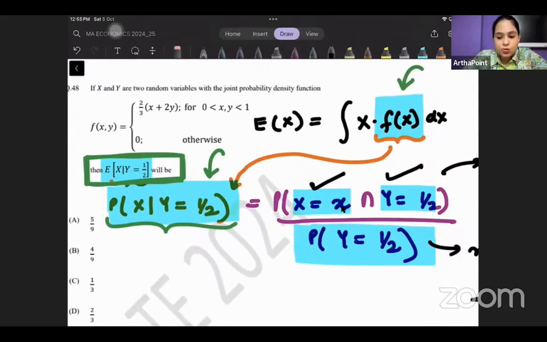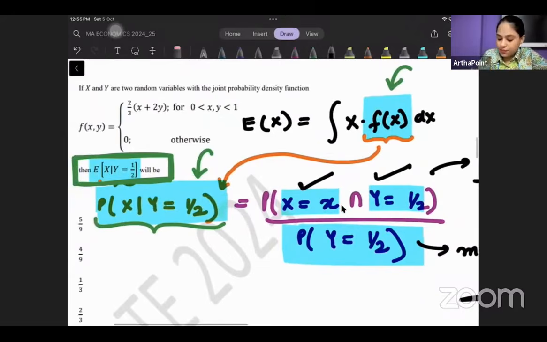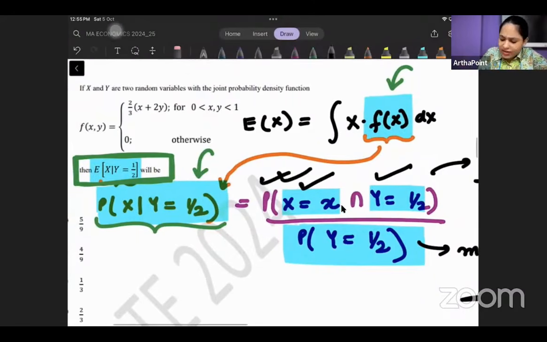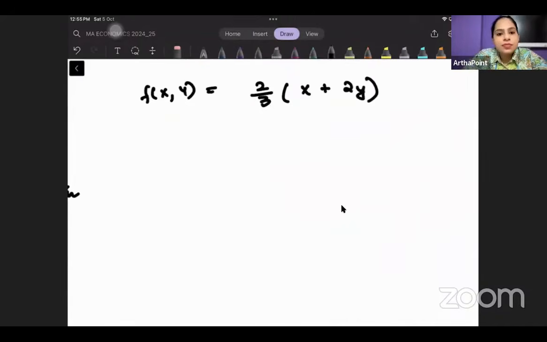Now if I ask you, find the numerator for me. Find the joint distribution for me. So joint distribution to already I am given here. What is the joint distribution given to me? So my joint distribution f of xy is given to me as 2 by 3 x plus 2y.